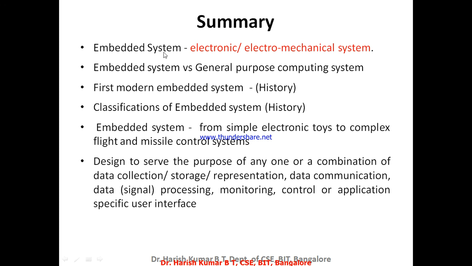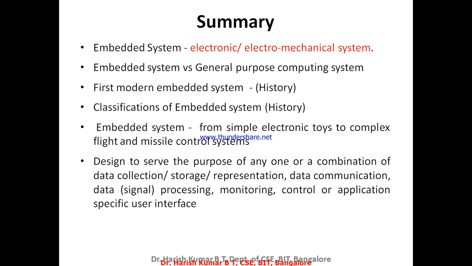Later you understood the basic differences between the embedded system and the general computing system, then the history of the embedded system, and then the classification of the embedded system. Embedded systems can be classified based on 4 major categories: generation, complexity and performance, deterministic behavior, and triggering based classification.